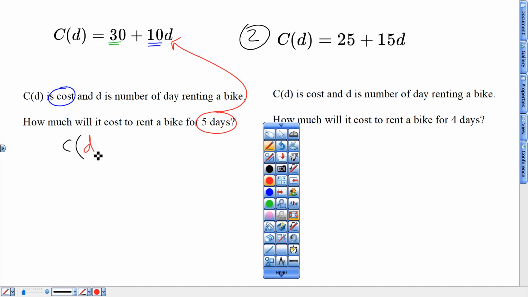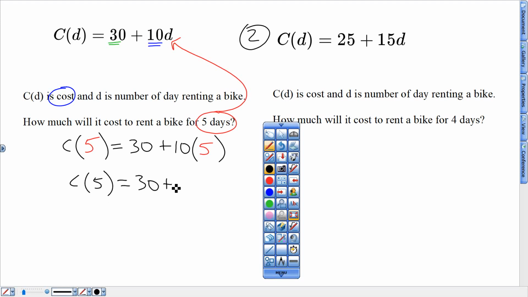The cost after 5 days, plugging in 5 for d, comes from the $30 deposit plus the $10 they're charging per day. And how many days? 5 days. Gives me the cost after 5 days is 30 plus 50. Make sure you times right there.